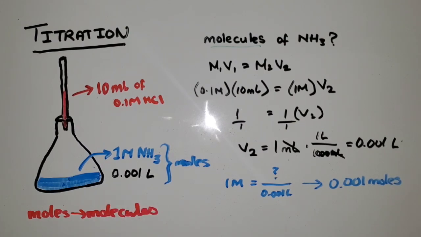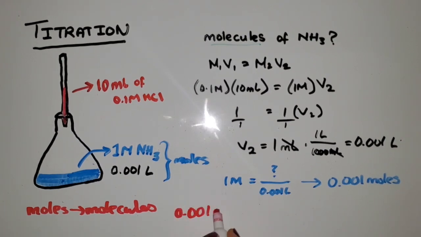Now, the next step is to convert from moles to molecules. And that requires the use of Avogadro's constant. So we're going to take our moles, multiply it by the constant in order to get our number of molecules. Now, this is something that trips up a lot of people, so be careful when you're doing this math. Now, this is a simple number. It's just 1 times the 6.02. What matters is the exponents.